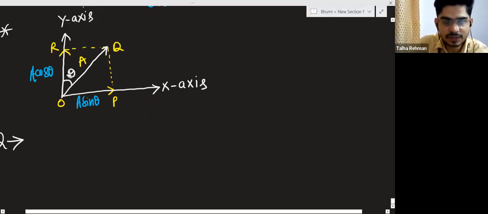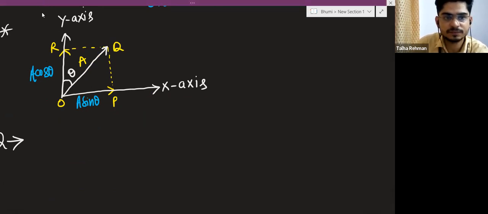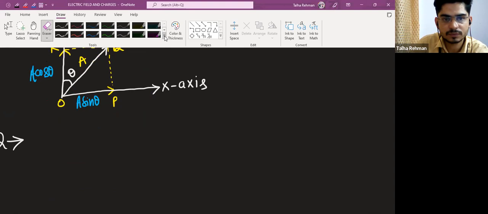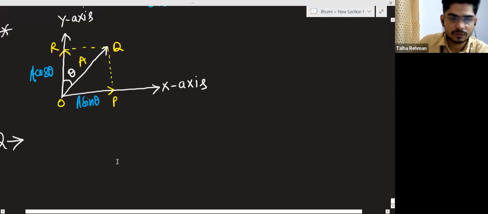In this case, you can see that along the y-axis, the component is A cos theta. Along the x-axis, the component is A sin theta.